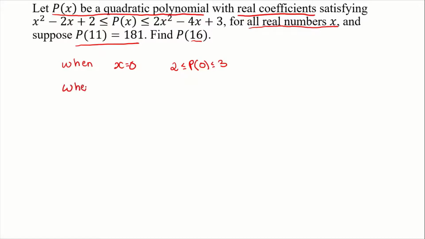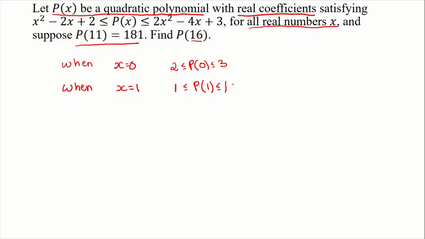When x equals 1, we've got 1 is less than or equal to p of 1, which is less than or equal to 2 minus 4, which is negative 2, plus 3 is 1.